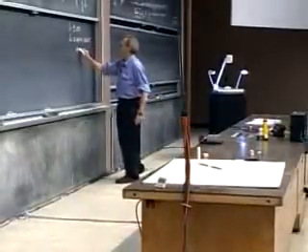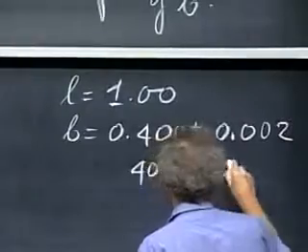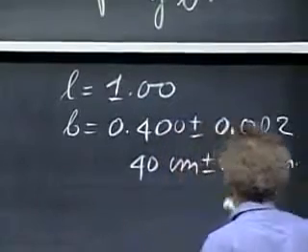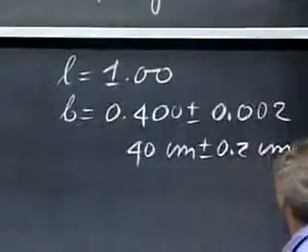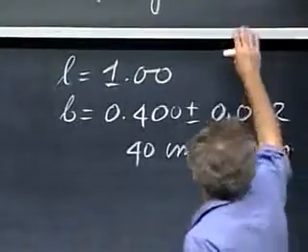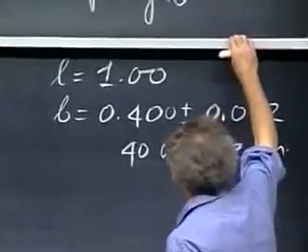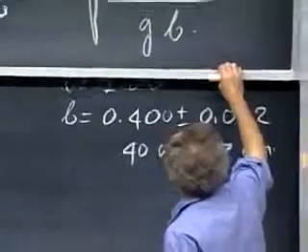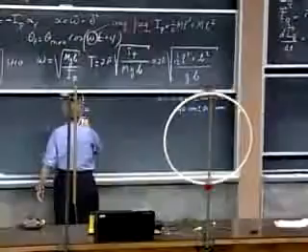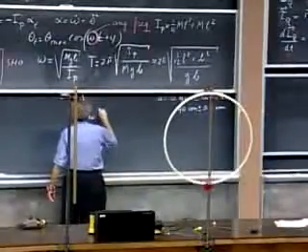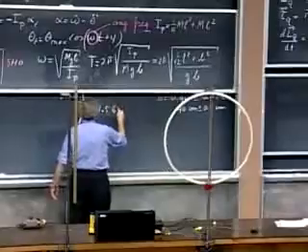So it's 40 centimeters plus or minus 0.2 centimeters. So that is an uncertainty of about 0.5%. I have upstairs L squared and b squared, and downstairs b, and that makes the error analysis a bit complicated. If I stick in the numbers, then I find a period which will be very close to 1.565 seconds.